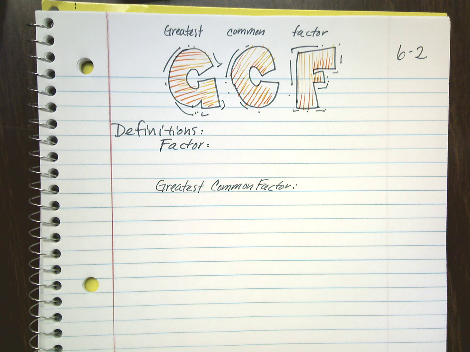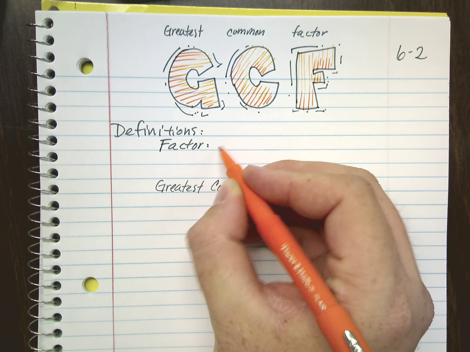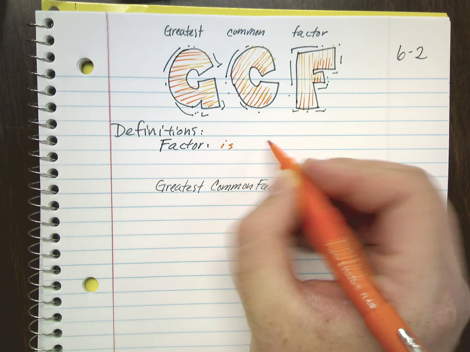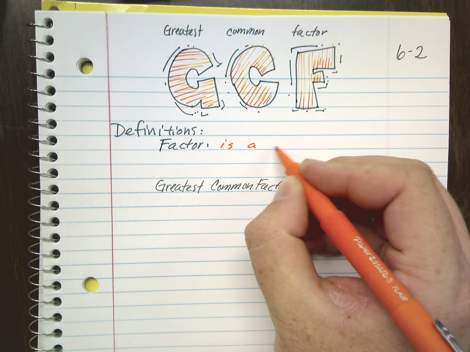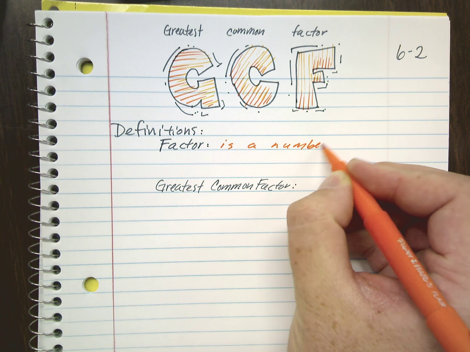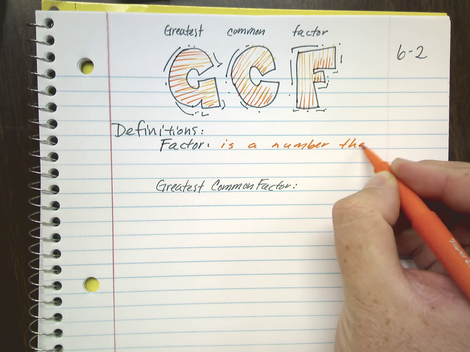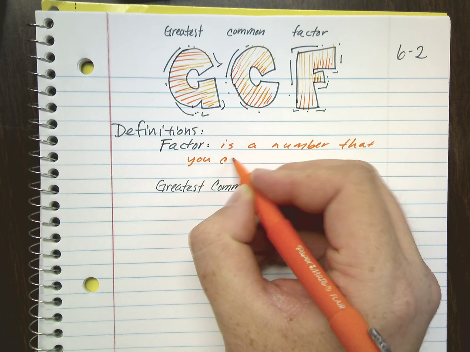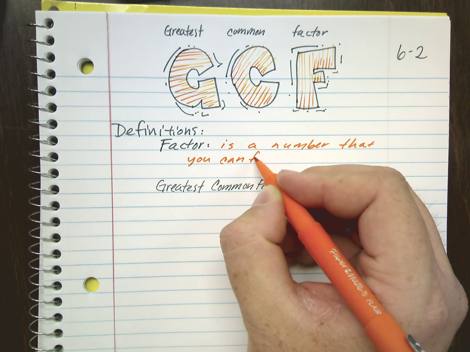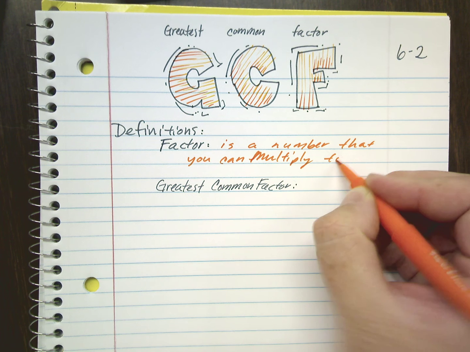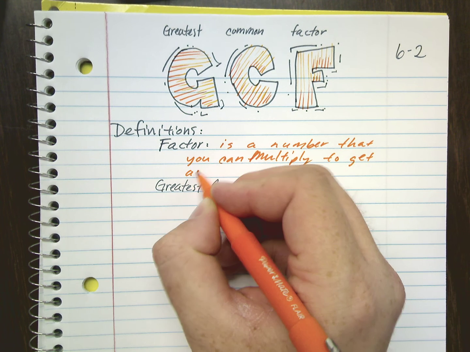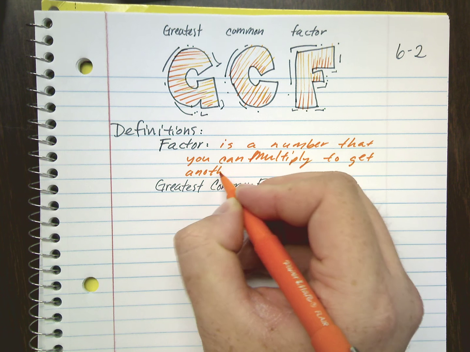So to begin, let's go over a couple definitions. Let's start with factor. A factor is a number that you can multiply to get another number.